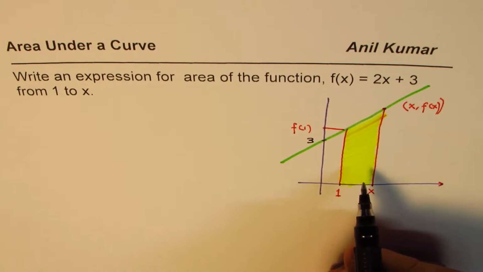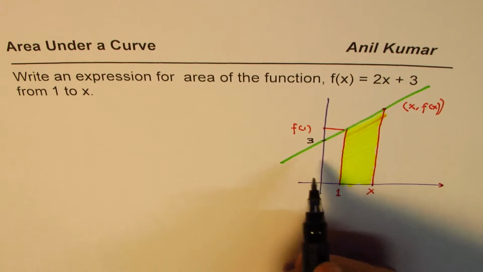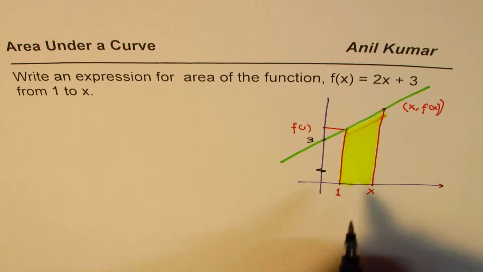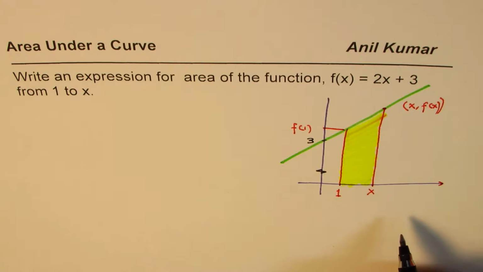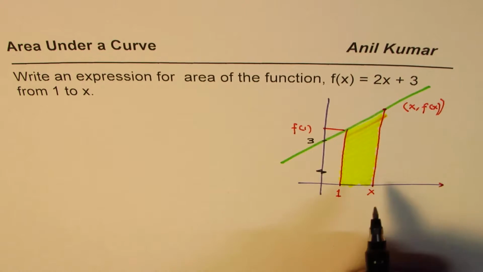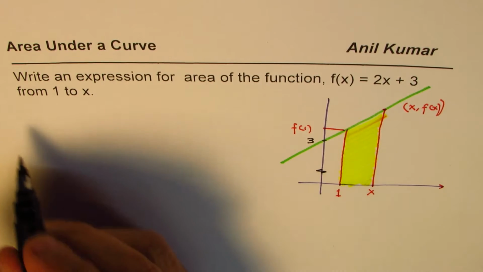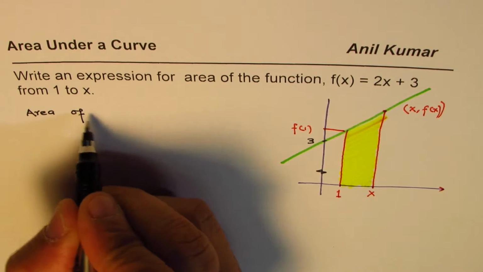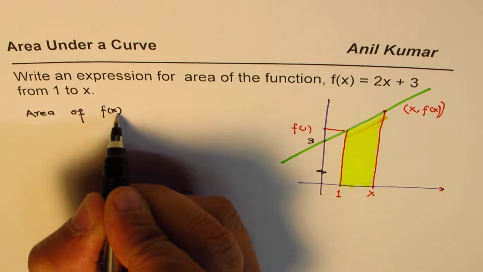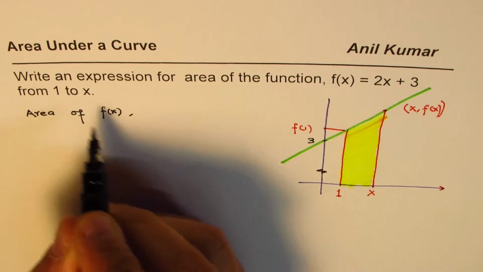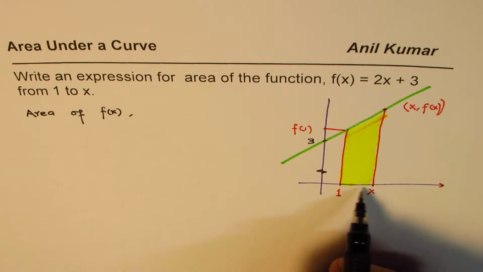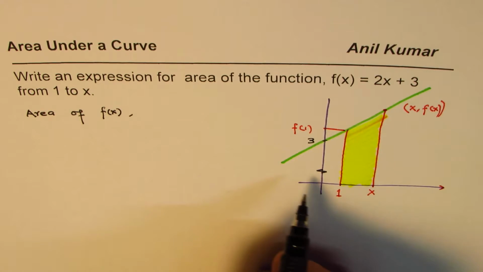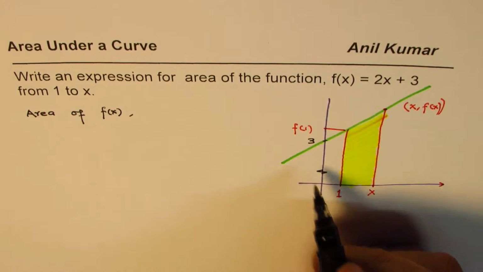Okay. Now let me break this. Okay, it doesn't seem to be as per the scale. Anyway, so we can say that area of the function, which is f of x, when we are working from 1 to x, should be area of this trapezoid, right?